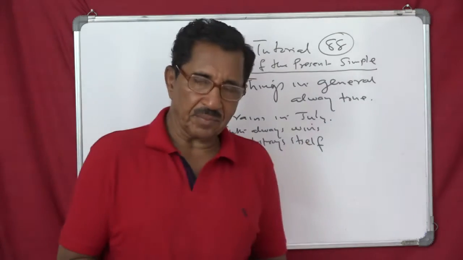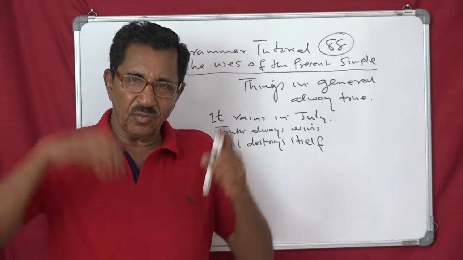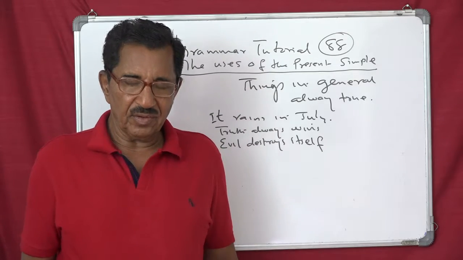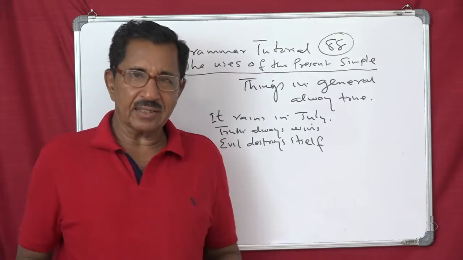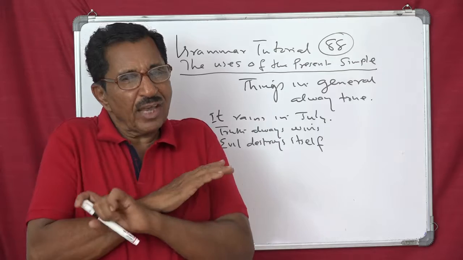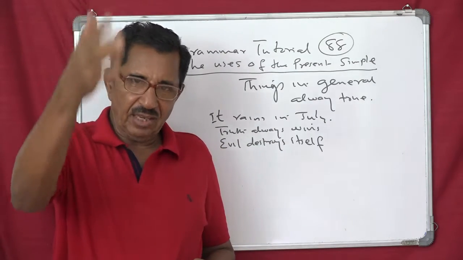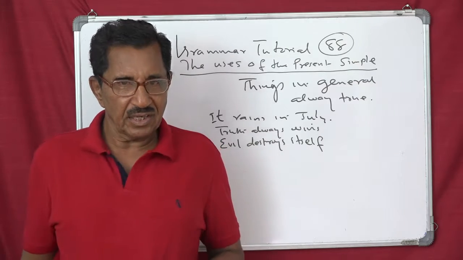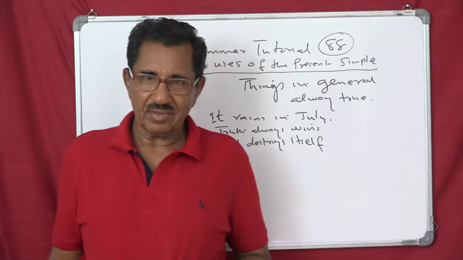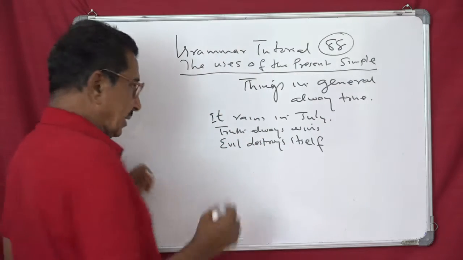If you find some cruel people, some evil people, some people always doing harm to others or troubling others, they themselves will disappear. If you do not do anything, that is evil destroys itself. This is a very important philosophical principle. Evil destroys itself. Understand?